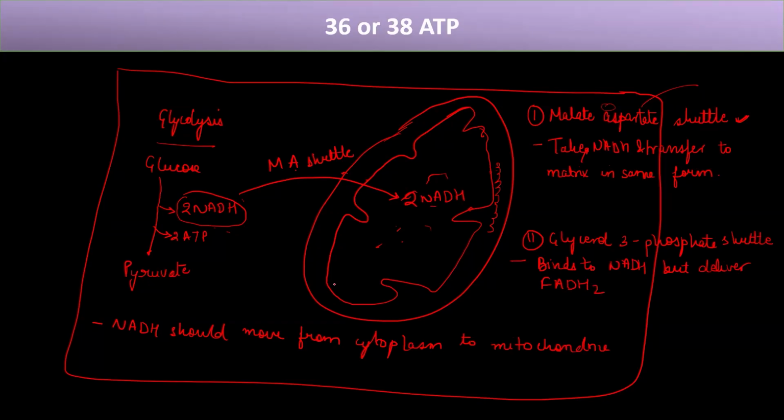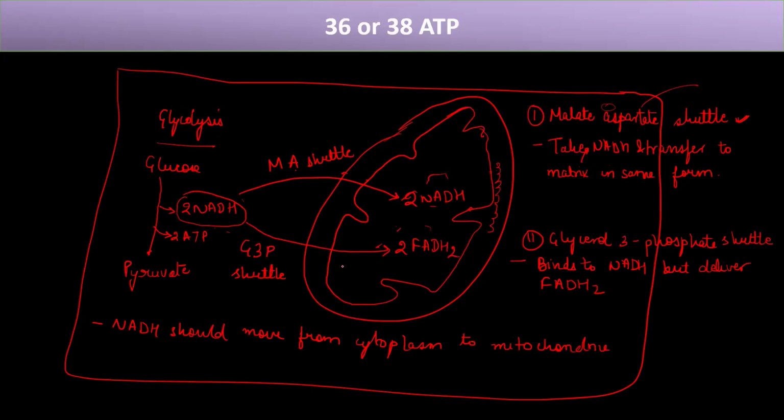So just remember, if the G3P, glycerol 3 phosphate shuttle, gets involved, then instead of NADH, what will reach the mitochondrial matrix? It will be FADH2.